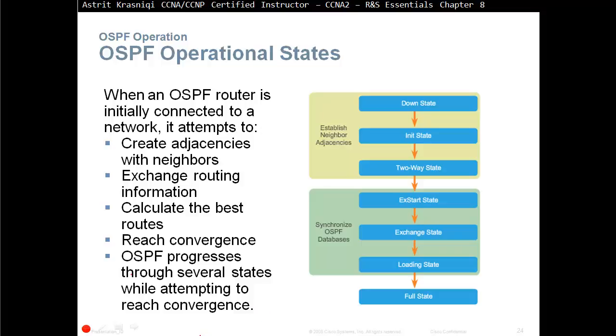So the master starts with sending the link state database, and then the slave, if there's some link that he doesn't know about, he will send a link state request, and then he's going to send a link state update. And when they all have synchronized, it will be loading state. We have a database synchronized, and then we run the algorithm, shortest path first algorithm.